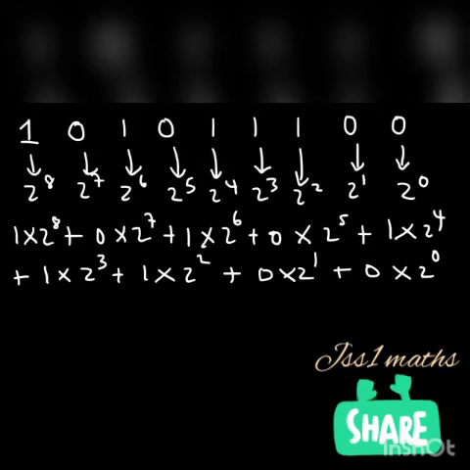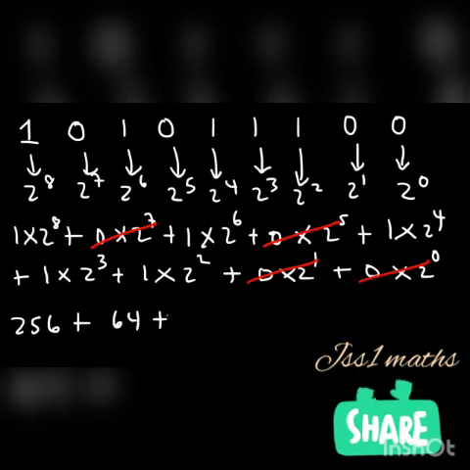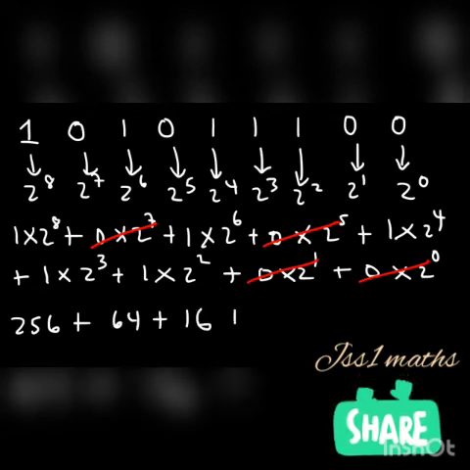Now, I don't need to write all of this because we really don't need the zeros, but I want to show you the process by which we can convert all of these other number systems into the decimal system. So 0 times anything is 0, so these numbers we can ignore. 2 to the 8th power: if you multiply 2 by itself 8 times, that's going to give you 256. 2 to the 6th power is 64. 2 to the 4th is 16. 2 to the 3rd is 8. 2 squared is 4.